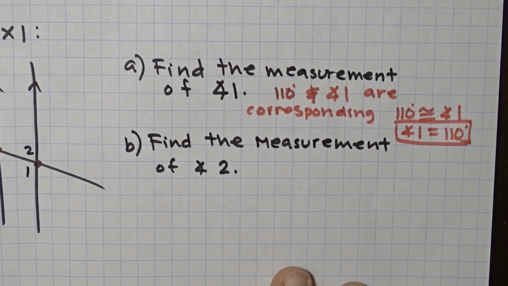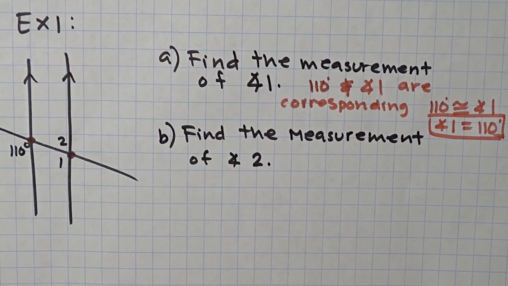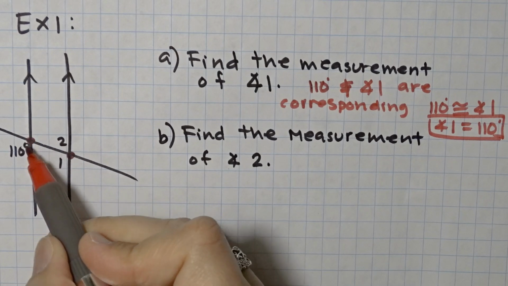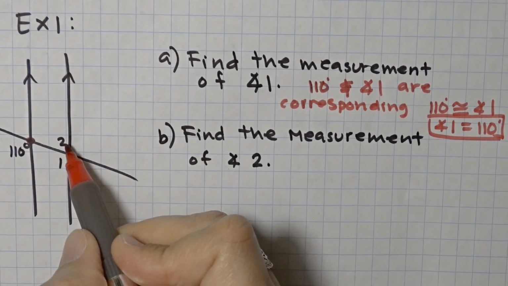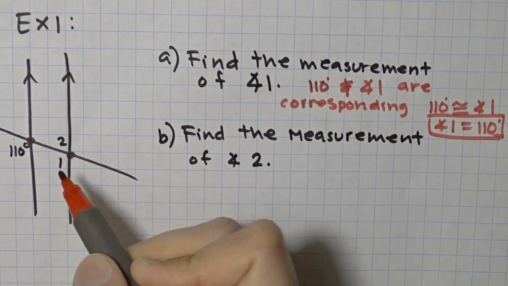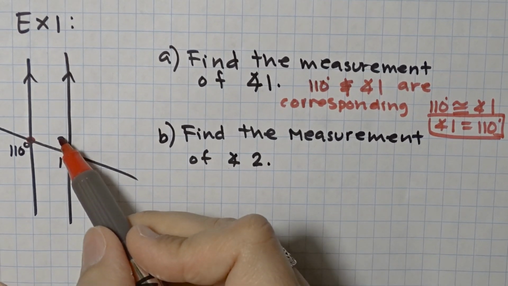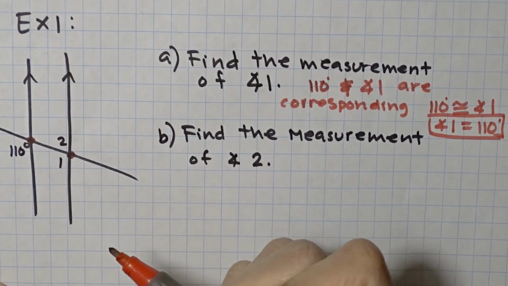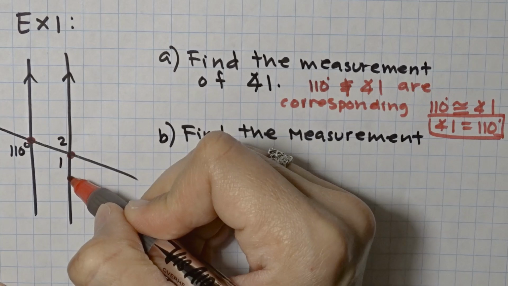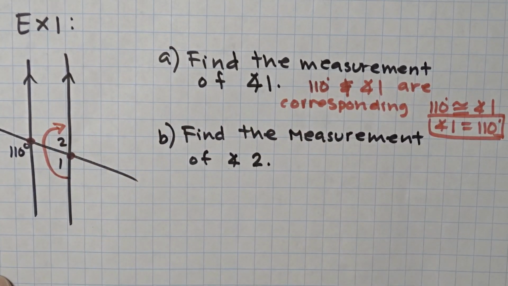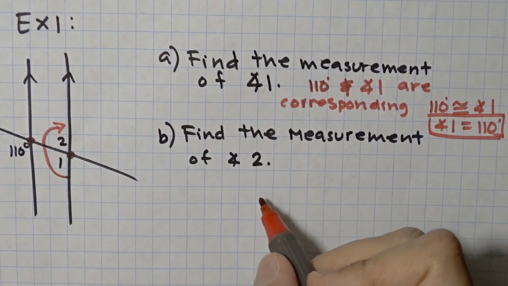All right, and let's look at the next one. Measurement of angle 2. Angle 2 is on the upper left-hand corner. This one is supplementary to angle 1. So I know that angle 2 and angle 1 together should be 180, because this is actually going to be 180 degrees. So that's 180 degrees together.